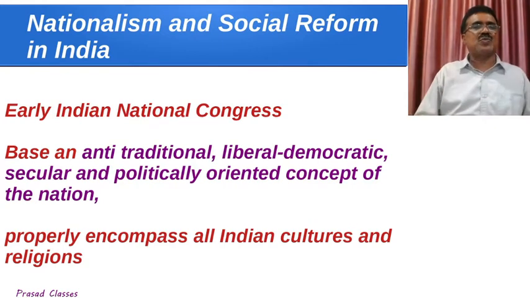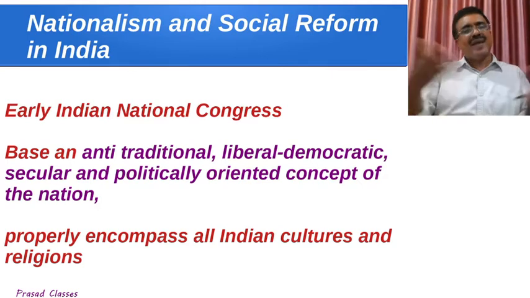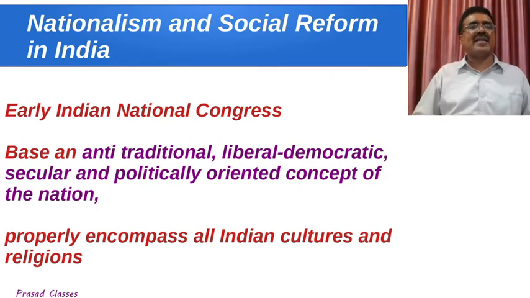They are not subject to kingdoms. They are advocating instead liberal democratic, secular in a way, keeping away religion. The religious sphere should be a different thing compared to the political sphere. That was the initial idea, and a politically oriented concept.